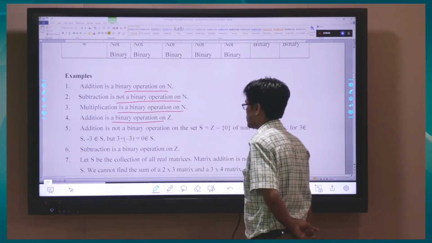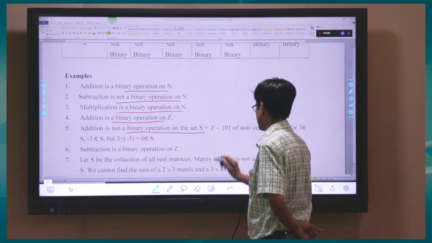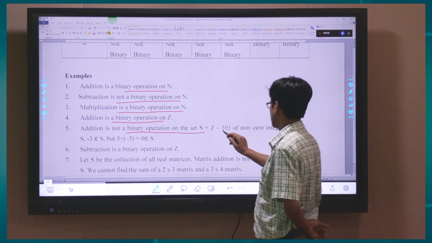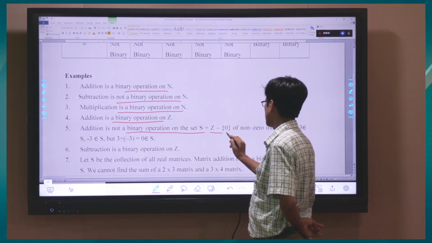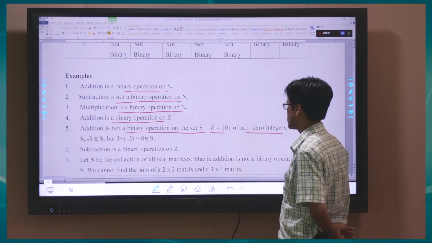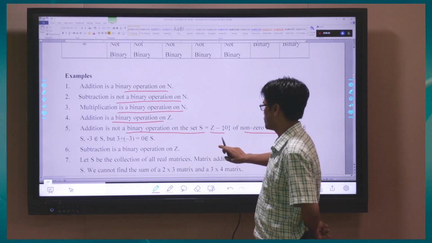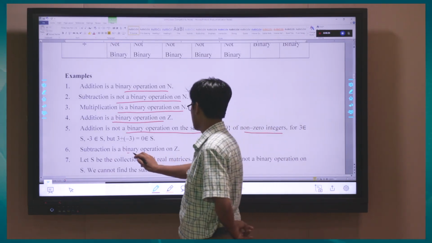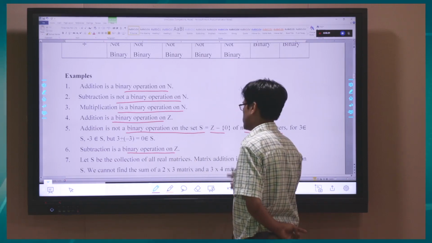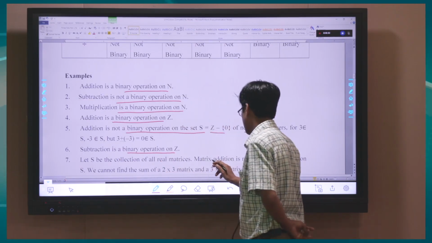Addition is a binary operation on Z. Addition is not a binary operation on the set S, where S is equal to Z minus 0, which means the set of non-zero integers. Subtraction is a binary operation on Z. Another example: let S be the collection of real matrices.